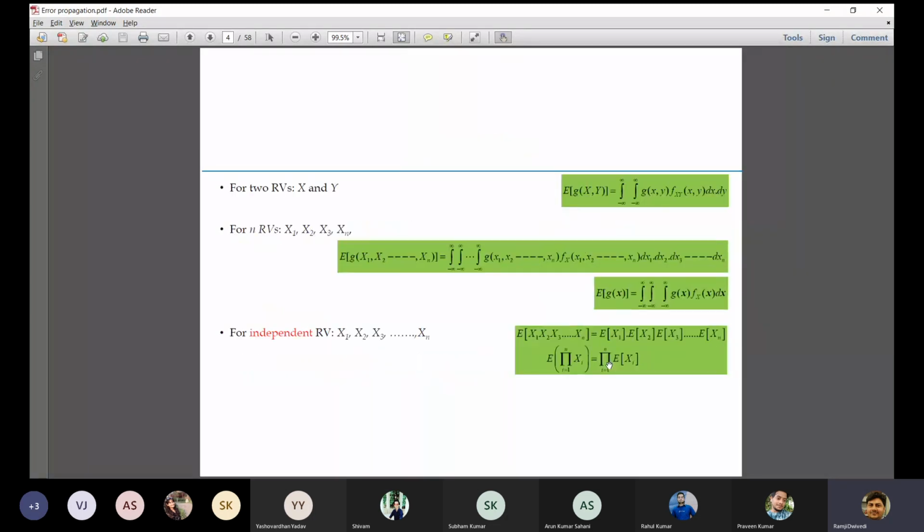Then for two random variables x and y, the expectation operator is given as the integral from minus infinity to plus infinity of g(x,y) f(x,y) dx dy. You need to understand here that f(x,y) is the bivariate normal distribution, which we discussed in the previous class.